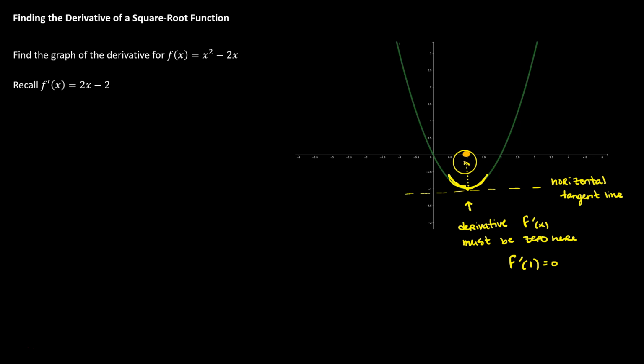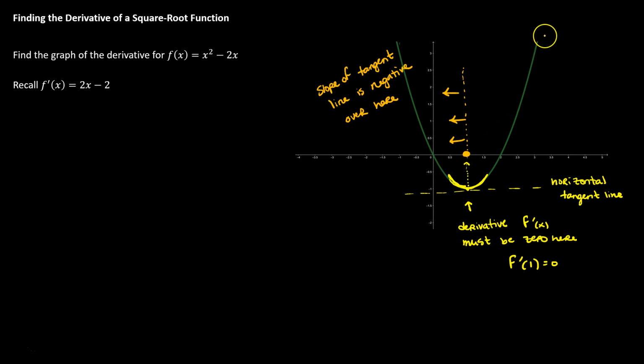Also, I want to point out that to the left of this horizontal tangent line, we said that we had tangent lines that looked like they had a negative slope, which means when I go to graph that, to the left of this 0 point, I know that my points all need to be below the x-axis. The slope of my tangent line should be negative. So anything to the left of that dashed line should be below the x-axis.